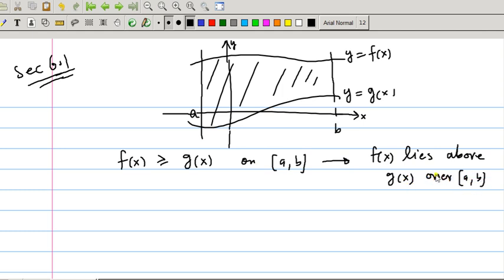So they are not changing their positions, one remains above the other. If this is the case, there is no condition of positive or negative, your g(x) may be negative, no problem, okay. We only need this condition, and both are continuous functions. This is the first condition.